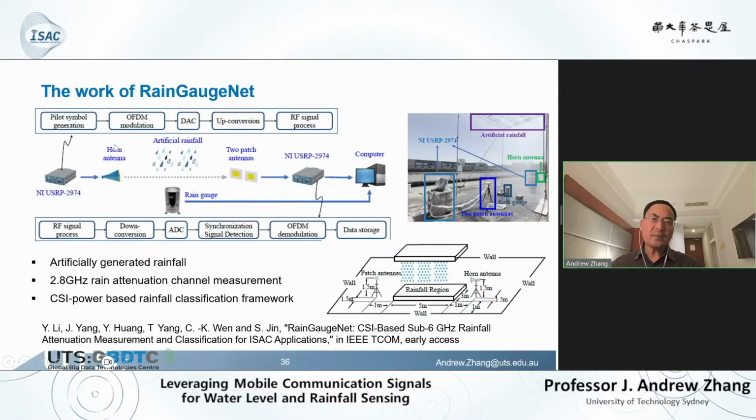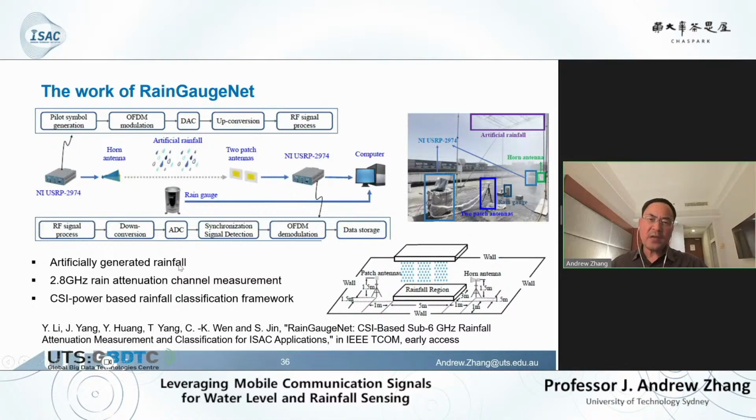This is an OFDM system, and they collected the channel state information as well as the power metrics. Of course, the power metrics are derived from the channel state information, and they applied various deep learning techniques for the rainfall intensity sensing.